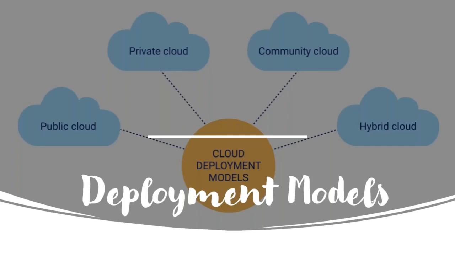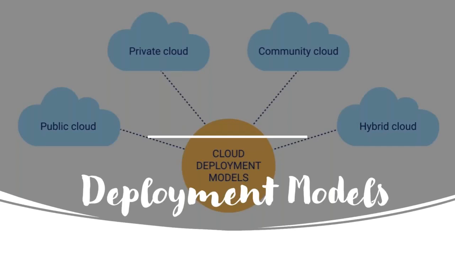First we'll discuss three: private, public, and hybrid. Later we'll discuss what other types of clouds are available. So these are deployment models. Either you can deploy your services over the private, the public, or the hybrid.